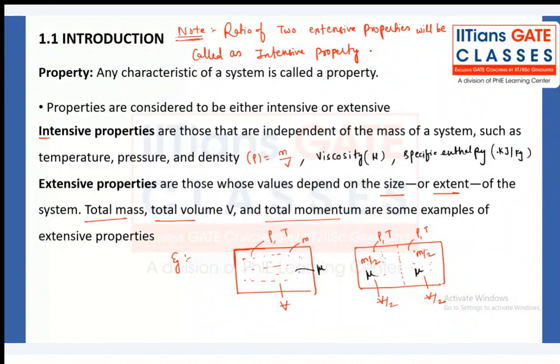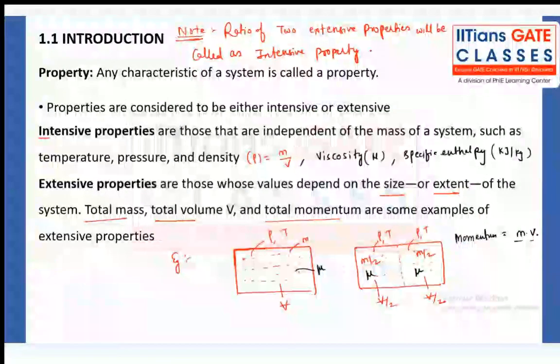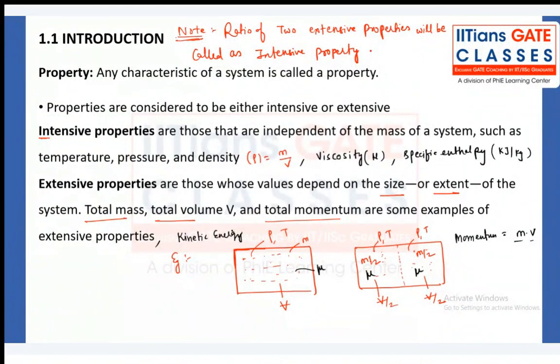Can you give me more examples regarding extensive properties? Total momentum. What is the meaning of momentum? Momentum means mass into velocity. Both are extensive properties. Some of the other examples are kinetic energy, because kinetic energy is half m v square, again mass is coming, it is depending on the mass, right?